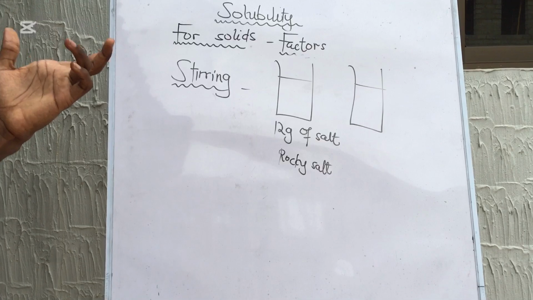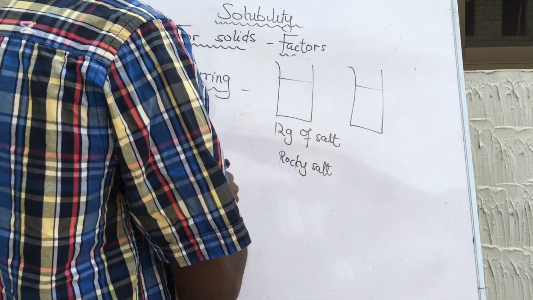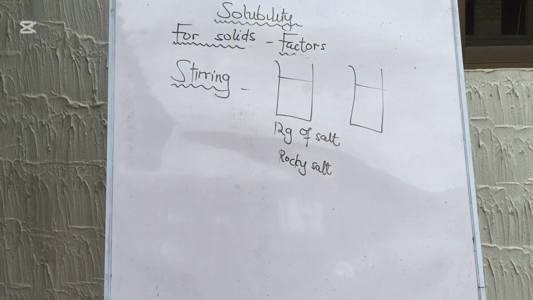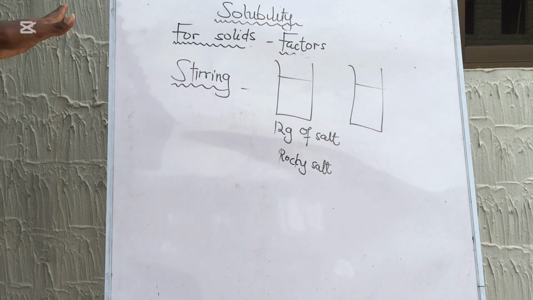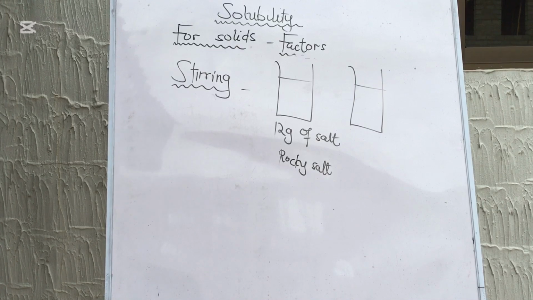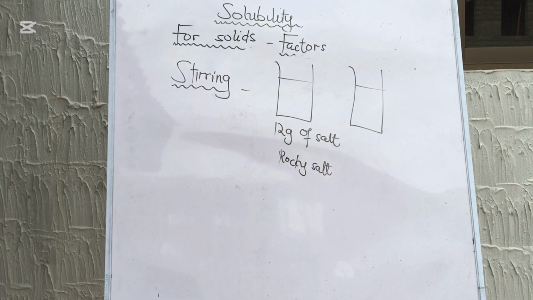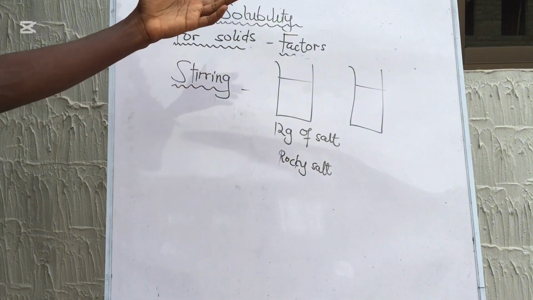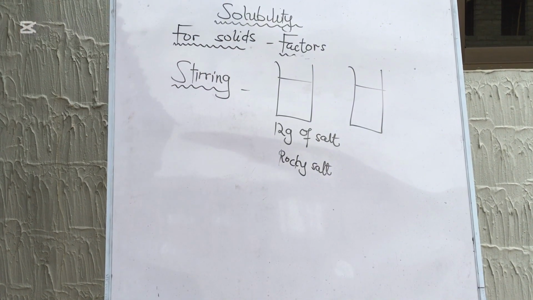But that does not necessarily mean that if you are stirring, it is going to dissolve more as compared to the other. No, that's not what happens. So stirring is actually not a factor that affects the solubility of a particular substance, but rather it affects the rate at which the solute dissolves in the solvent.